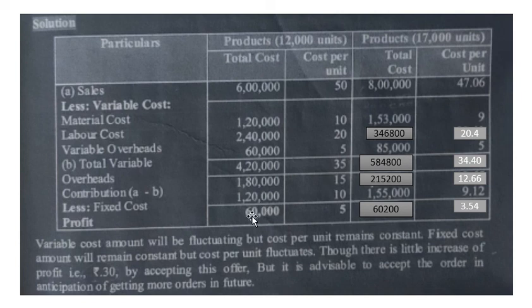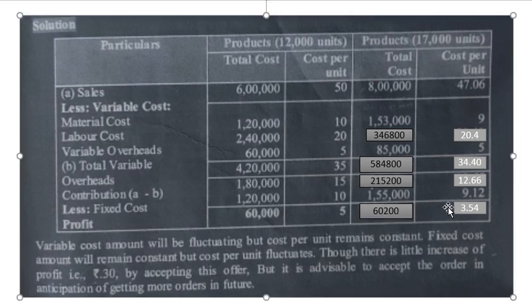For 12,000 units, total contribution is 1,80,000 minus fixed cost 1,20,000, which gives you 60,000, and per unit, the contribution is 15 rupees minus fixed cost 10, which is 5. When producing 17,000 units, contribution 2,15,200 minus the fixed cost of 1,55,000 gives you 60,200, and per unit, the contribution 12.66 minus fixed cost per unit 9.12 gives you 3.54.